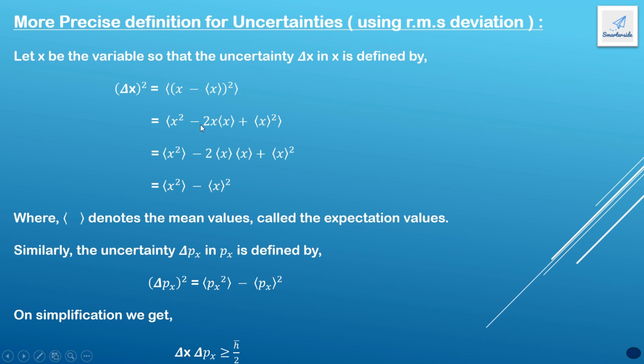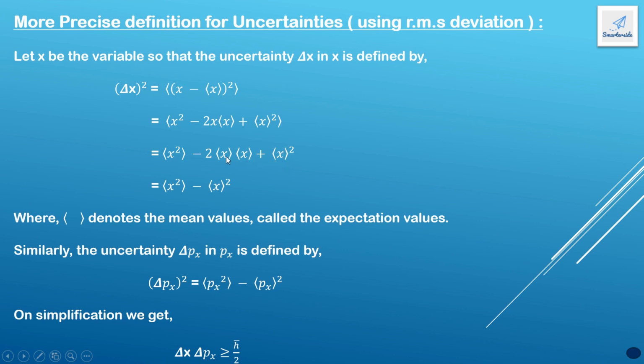So it will be x square minus 2x into expectation value of x plus expectation value of x whole square. Again we can apply the expectation value bracket to each term inside, so it will be expectation value of x square minus 2 into expectation value of x into expectation value of x plus expectation value of x whole square.